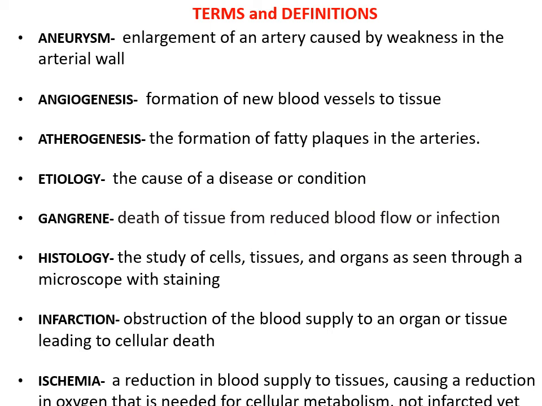Ischemia is a reduction in blood supply to tissues or an organ, causing a reduction in oxygen that's needed for cellular metabolism, but the cell hasn't died yet, okay? Or the tissue hasn't died yet. And that is the time where we rush to try and open an artery in the heart, open an artery that's blocked in the leg or in the brain to try and stop ischemia from turning into infarction.